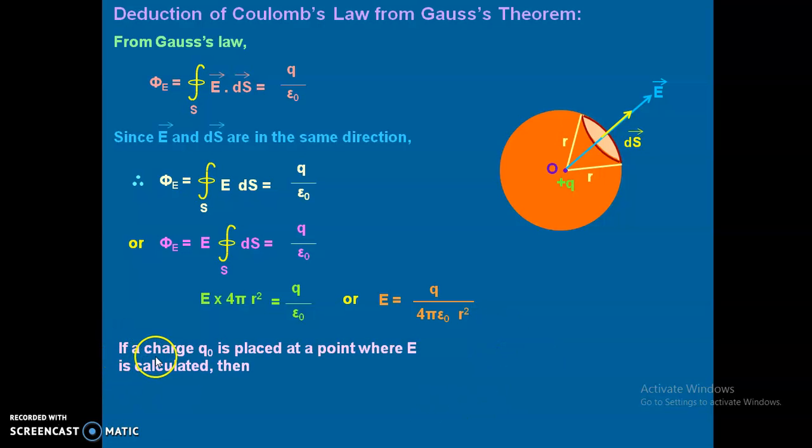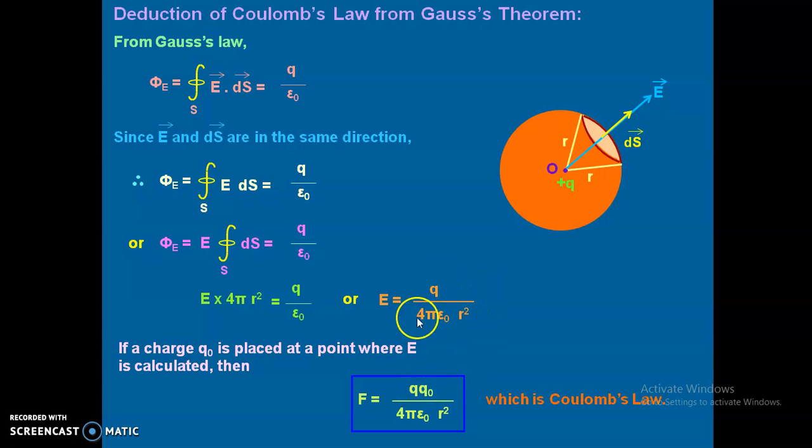Now, if a charge q naught is placed at a point where E is calculated, then what can we write? Suppose we have to calculate the electric field intensity at this point and charge q naught is placed. So F is equal to E q naught, because electric field intensity is equal to force per unit test charge. E's value is this much, into q naught.